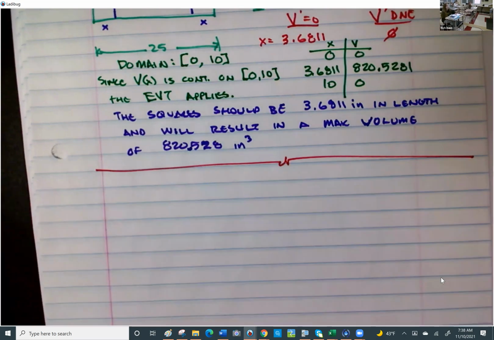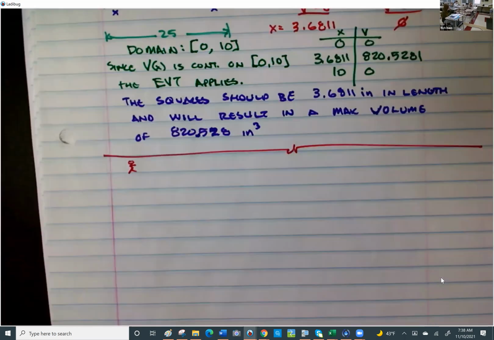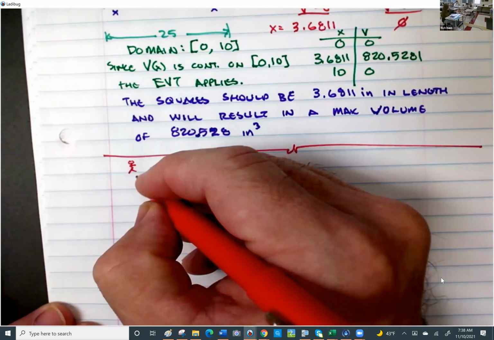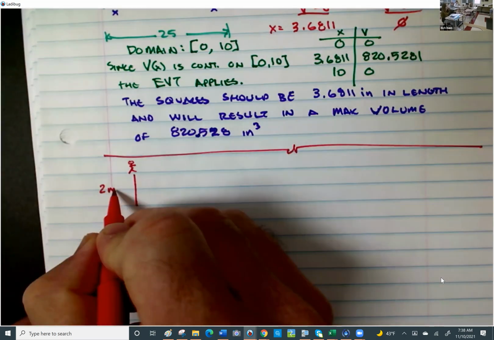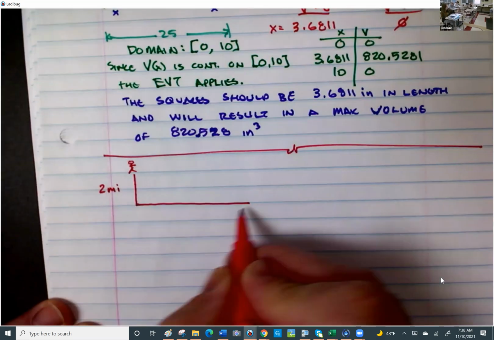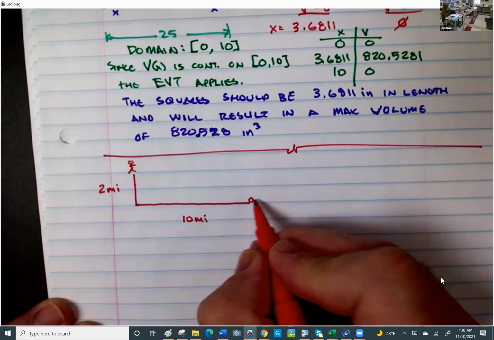Okay, our classic problem that you'll find in every calculus book that looks like this. We've got our little hiker. She's out here and she is 2 miles from a road that, if we travel on that road, is 10 miles long before she gets to her car.